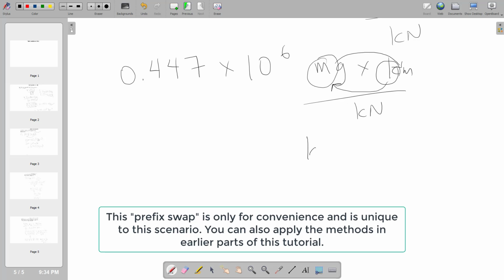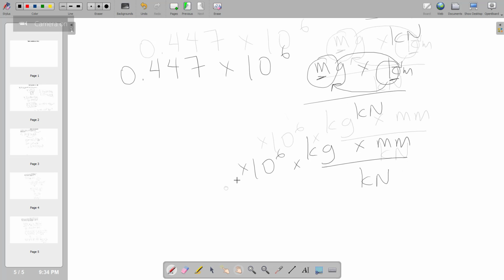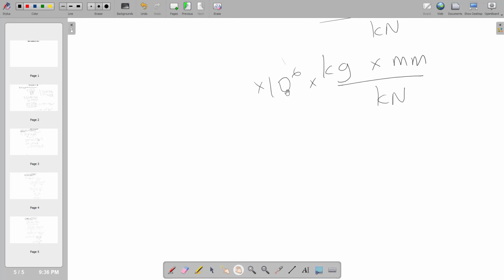So we now have kilogram and millimeters. We just moved our milli to join the meter, and then we moved our kilo to join the gram. And then we still have our kilonewtons here. And then we have 10 to the power 6. We have 10 to the power 6, milli, and our kilo in the denominator.